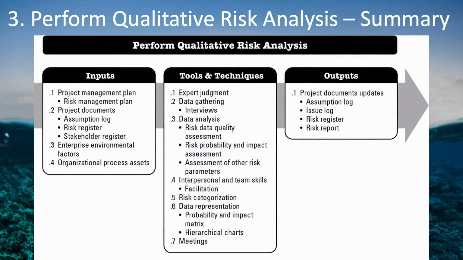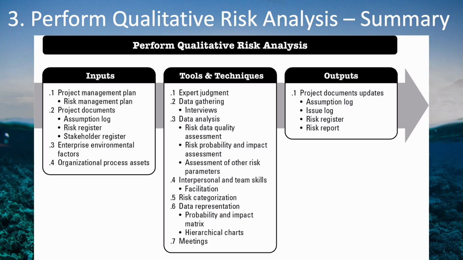To summarize, the Perform Qualitative Risk Analysis process has as its outputs simply updates to the risk register primarily and the risk report, and some changes could be made to the assumption log and issue log as a result. The inputs are just about everything that you have so far, including your risk management plan, your project documents, and enterprise environmental factors and organizational process assets.